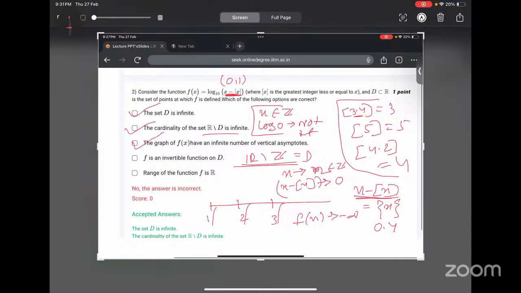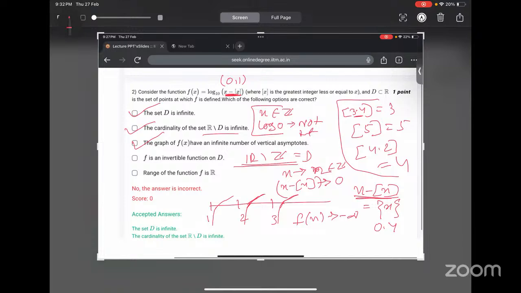And what will the graph be between 1 and 2? It will be like that always. Again, it will not meet somewhere. No, it will not meet. So it will be a periodic type of function. Again, will that be a positive side asymptote?